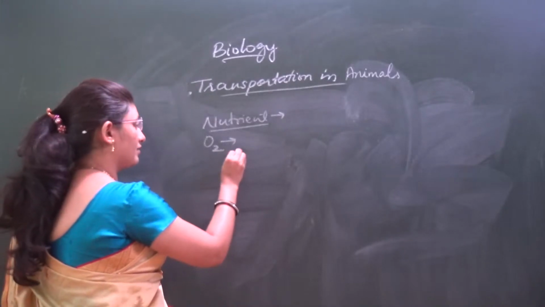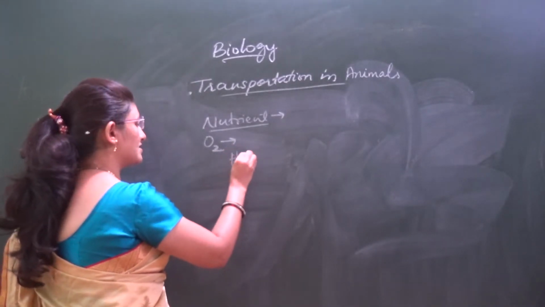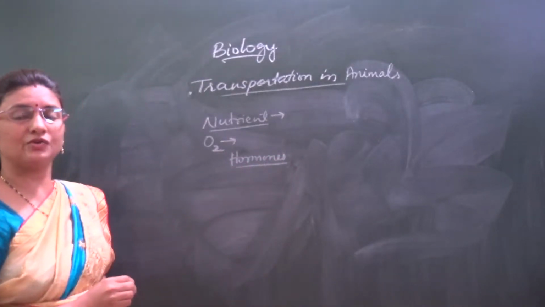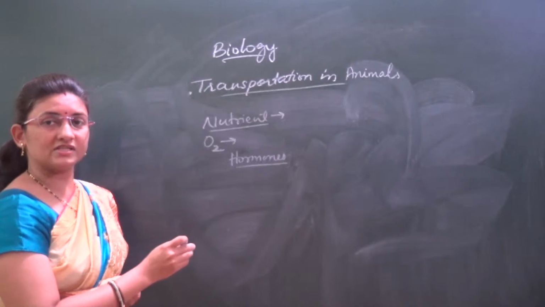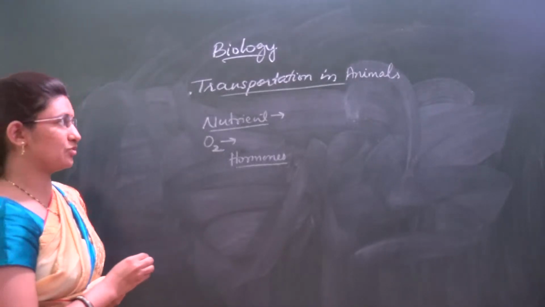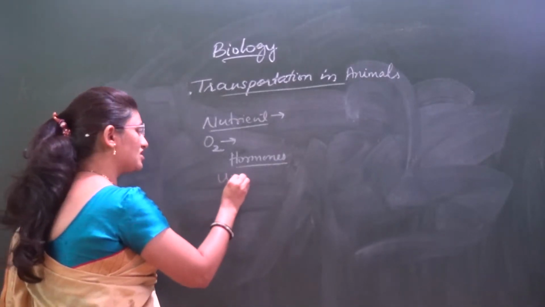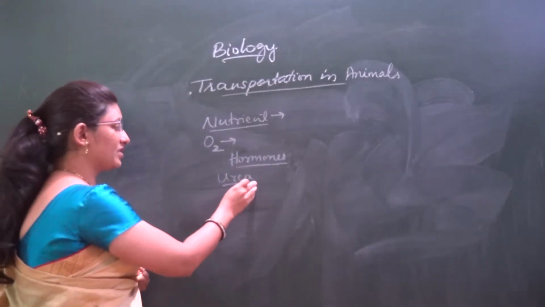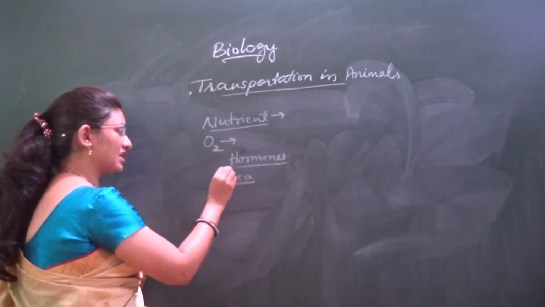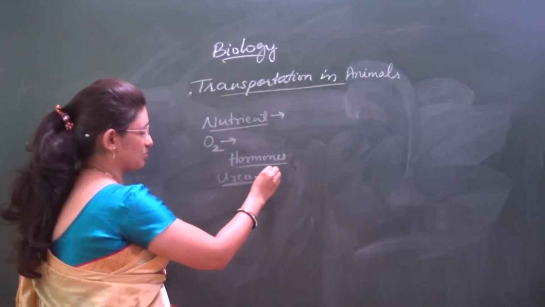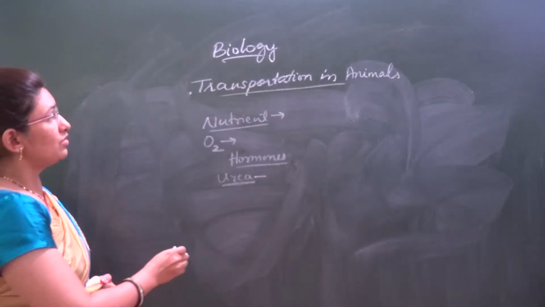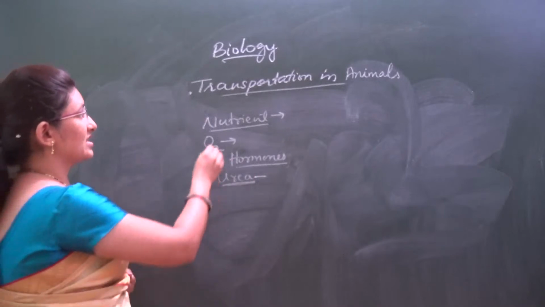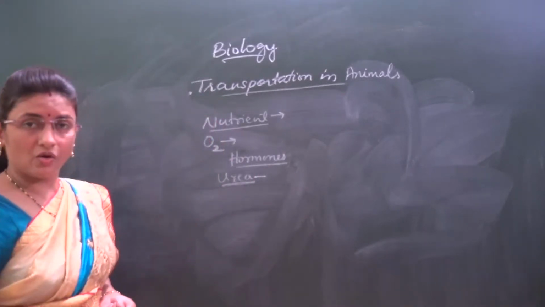And the hormones are secreted by the endocrine glands, and these hormones need to be taken to their target organs, and for that also we need transportation. Even urea has to be removed from the body of an organism. To take that also, transportation is required. So for all the activities to be carried out, transportation is required in an organism.